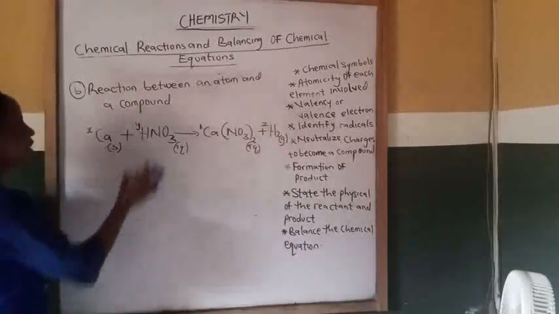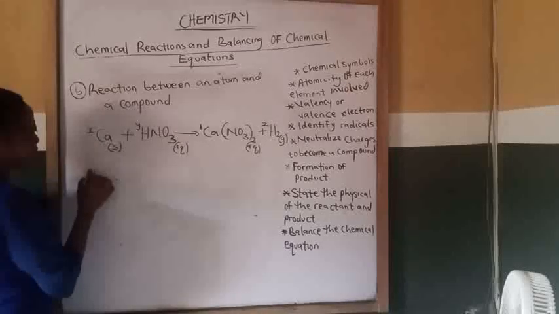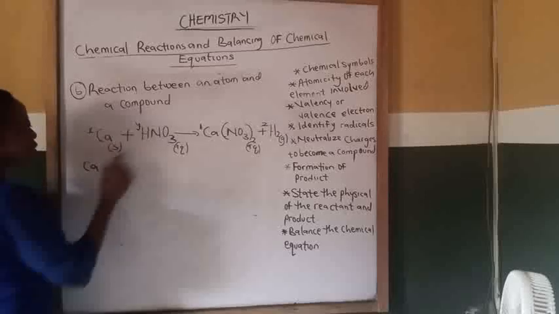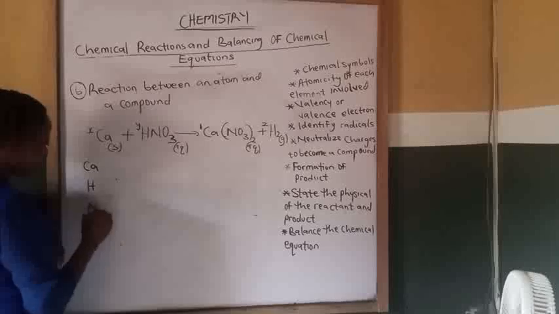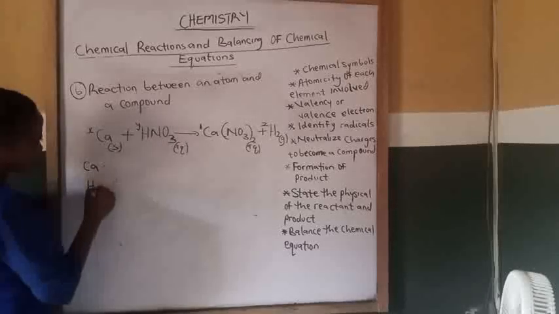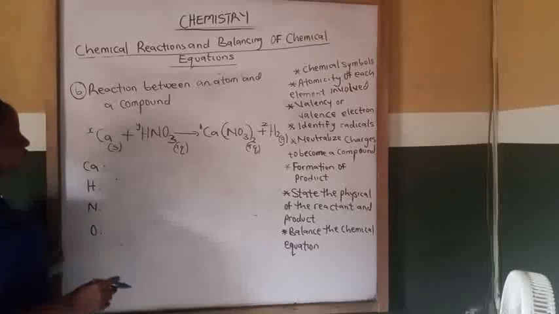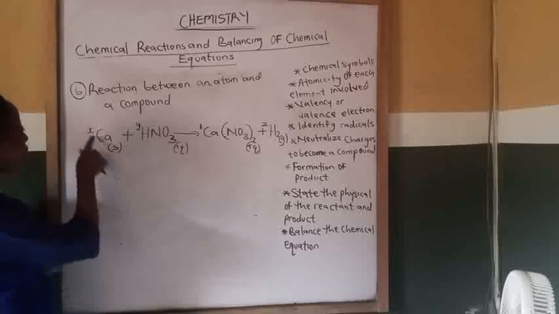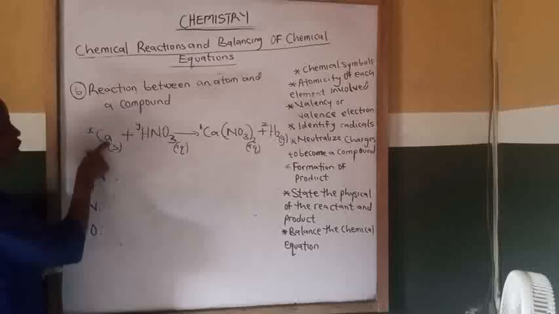Now let's start. Write out all the atoms that are present at the reactant side. The first one is calcium, followed by hydrogen, followed by nitrogen, followed by oxygen. Add the number of each atom together. Let's start with calcium. Calcium is 1.